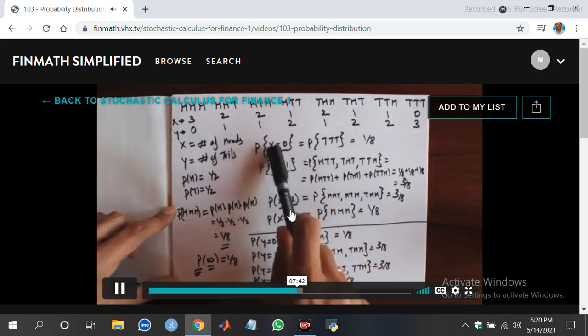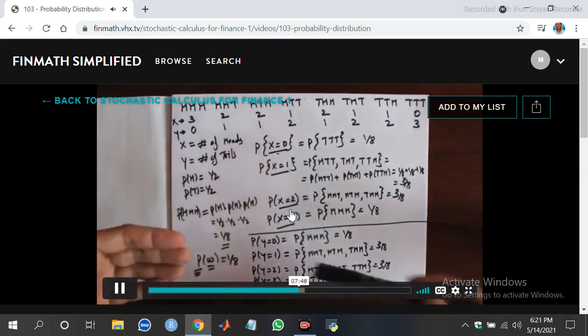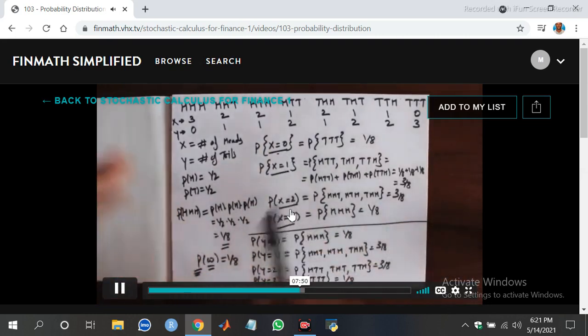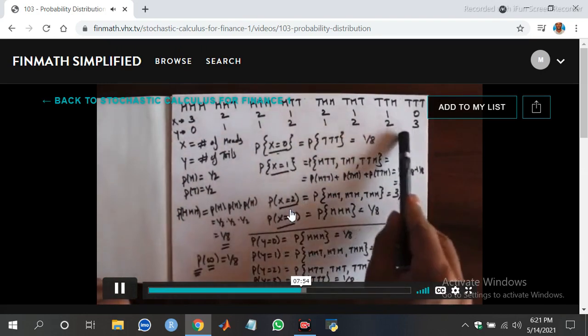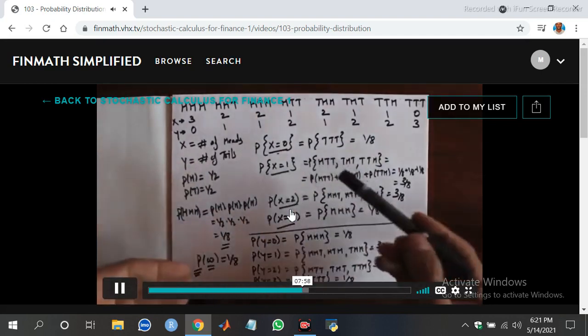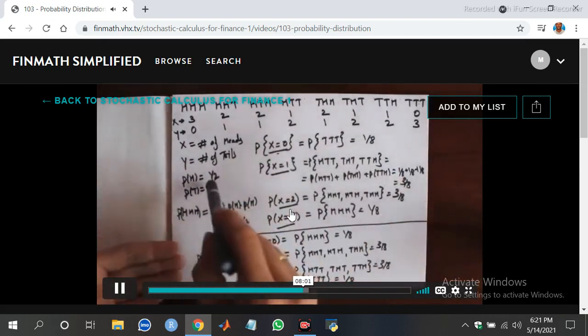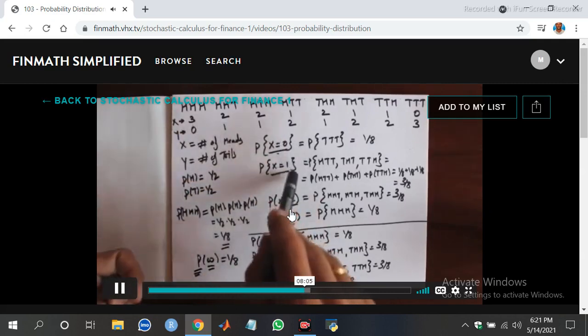The probability of x equals 0 is 1 by 8, the probability of y equals 0 is 1 by 8. Likewise, probabilities are exactly the same. They are two separate random variables. One is counting the number of heads, the other is counting the number of tails, and we've defined one probability measure. But incidentally, under this measure, the probability distribution for x and y is exactly the same.